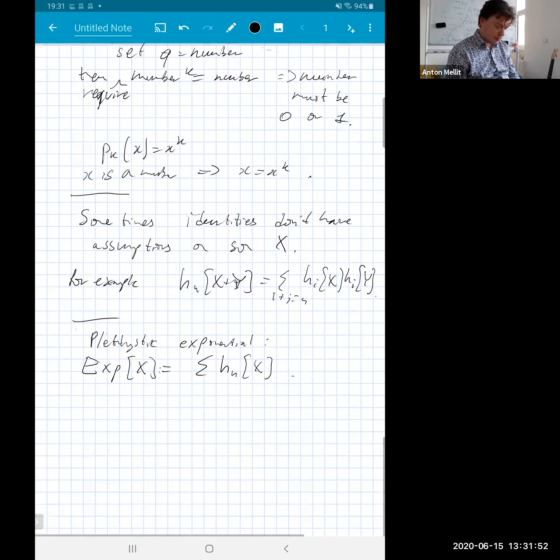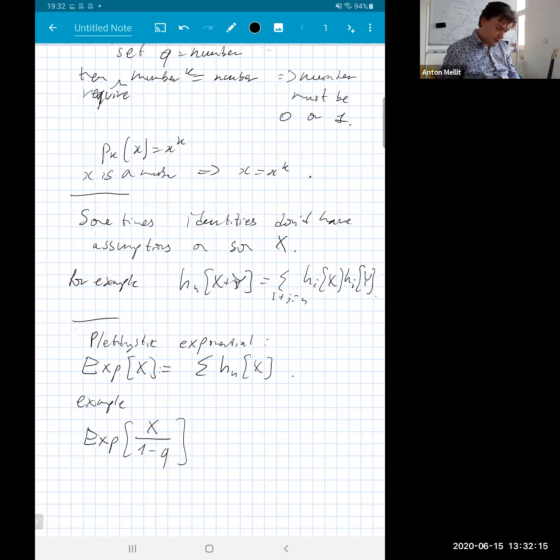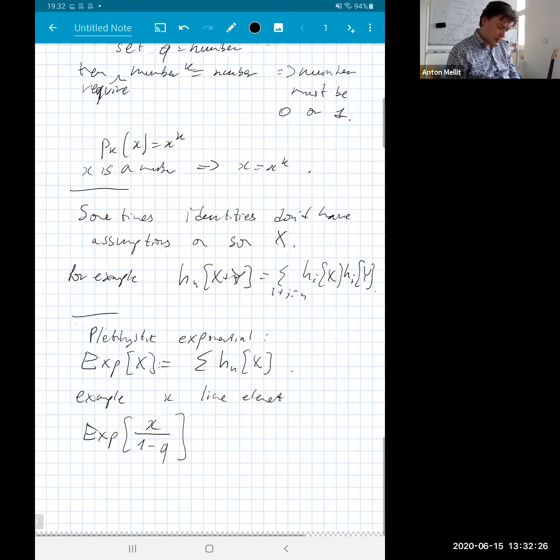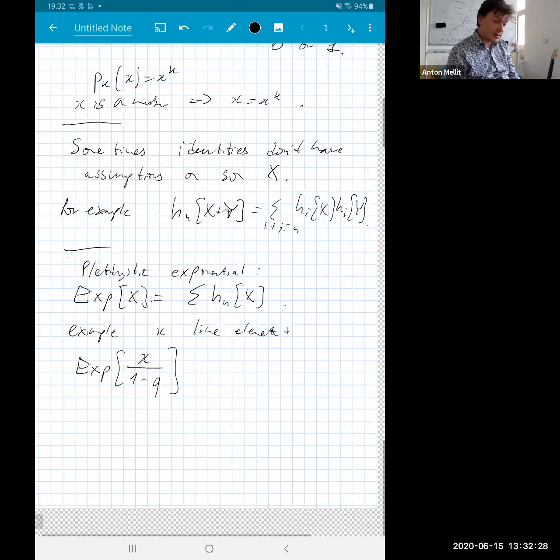For example, you can now compute it of x over 1 minus q, with x a line element, in two ways.